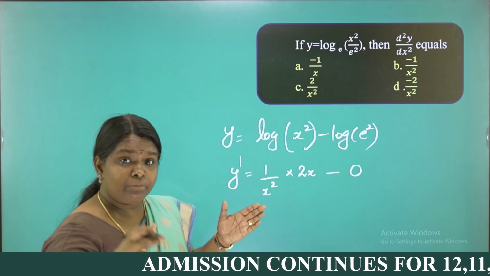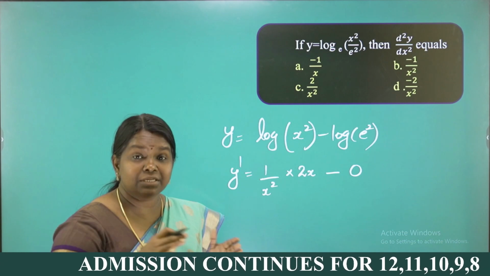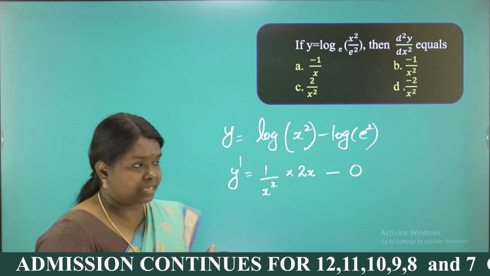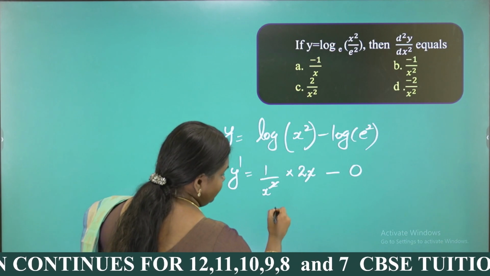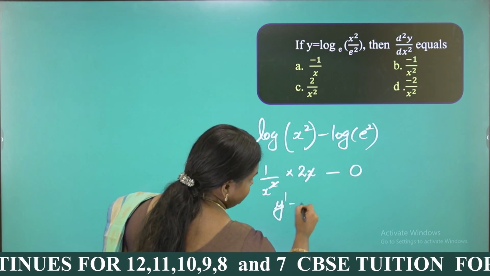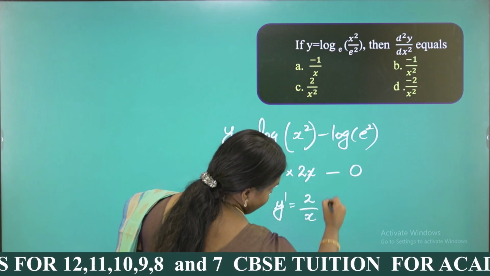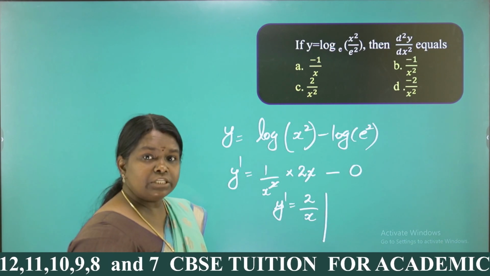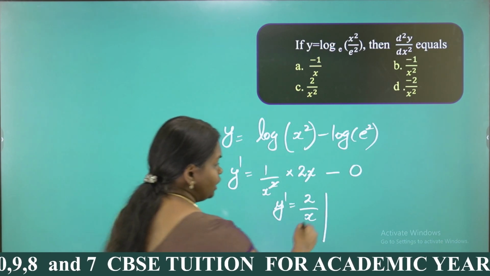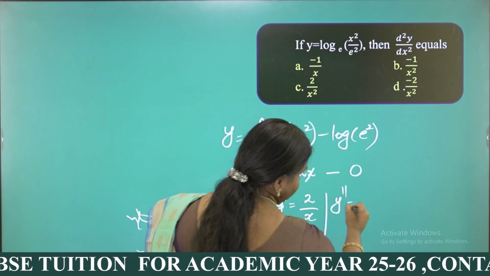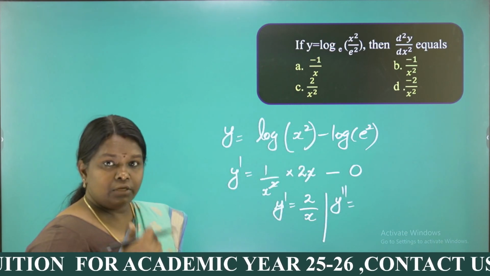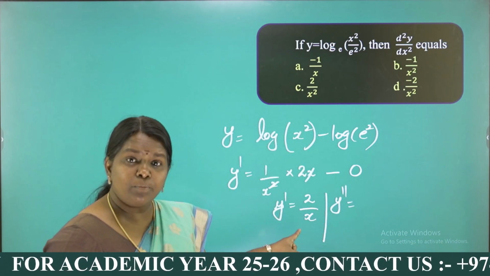Because logarithm of e square means there is no variable, so you don't need to consider that. Then you can cancel this x and this x, so that you will get y dash is equal to 2 by x. Am I right? Now it is very simple. Again use the chain rule. D square y by dx square, or y double dash, is equal to the derivative of 2 by x, right?